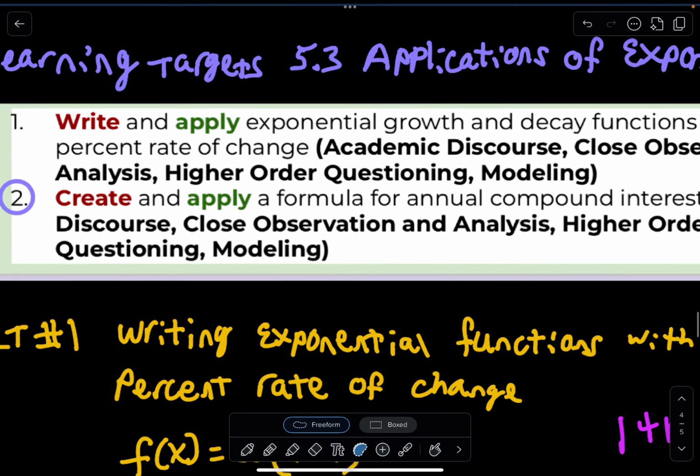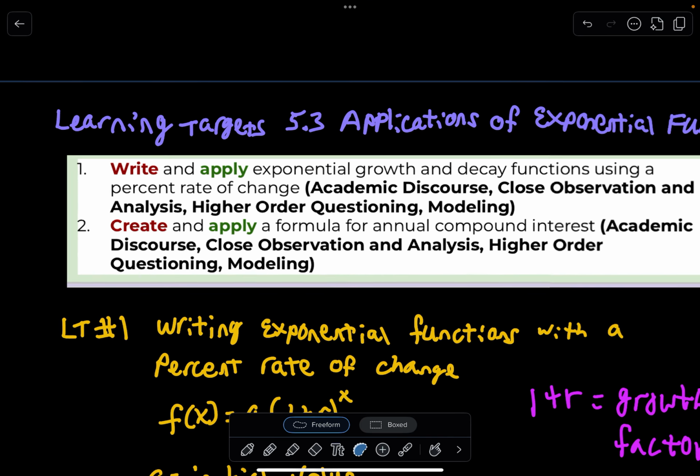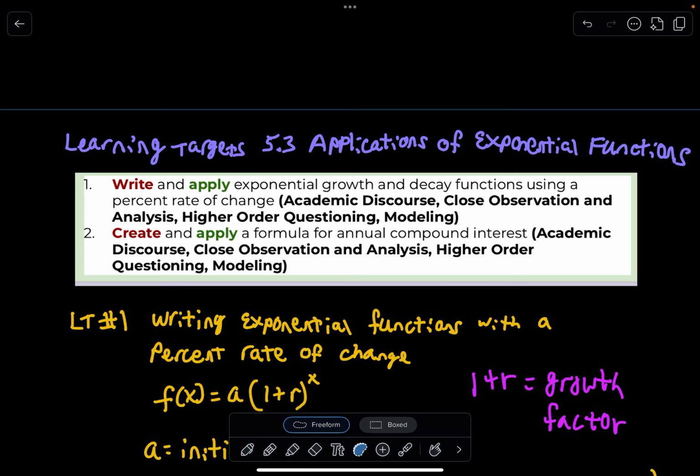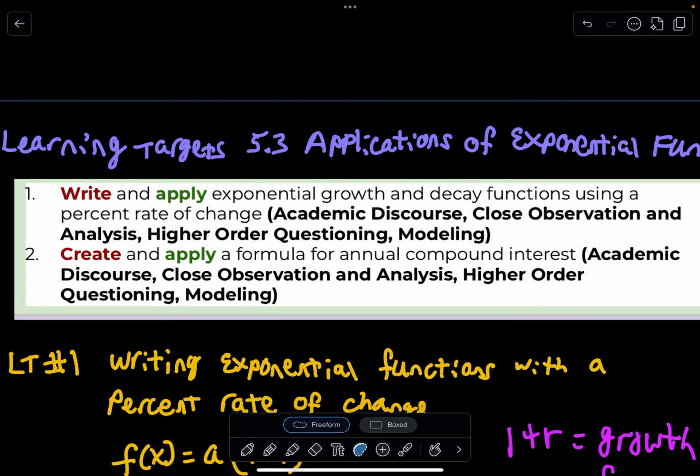So we have two learning targets here. Here's the learning targets for 5.3 applications of exponential functions. We're going to learn on the first, this is what we're doing today, write and apply exponential growth and decay functions using a percent rate of change.